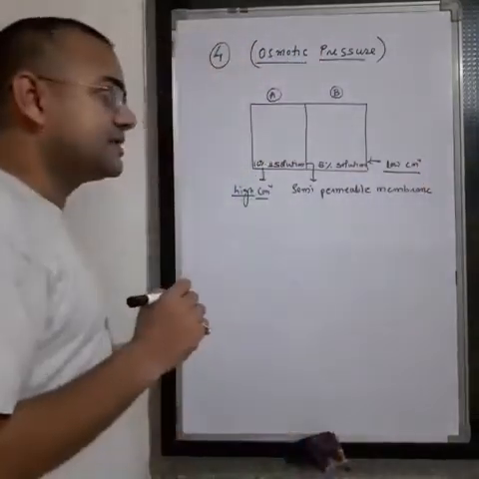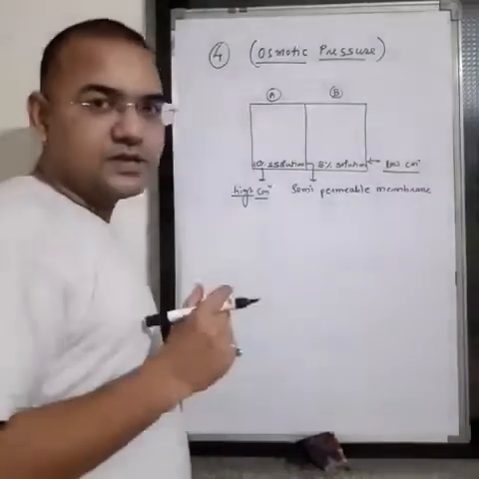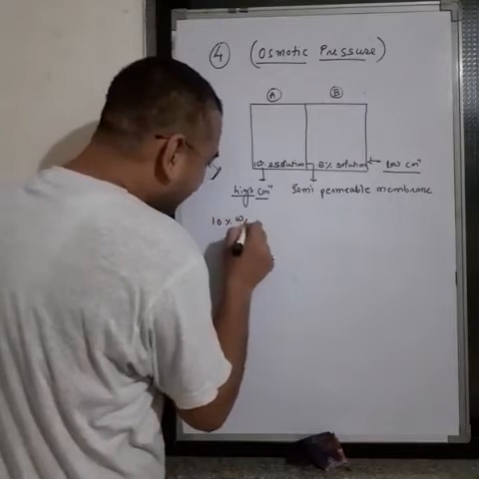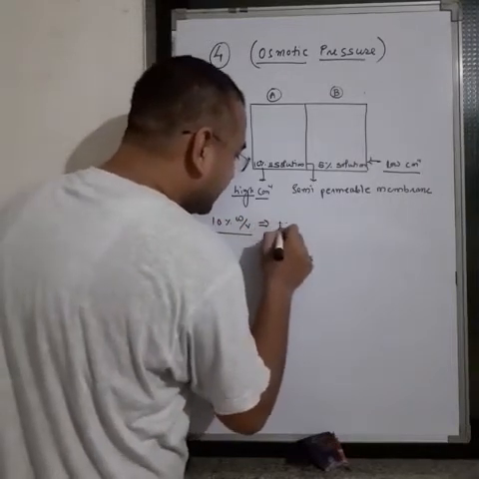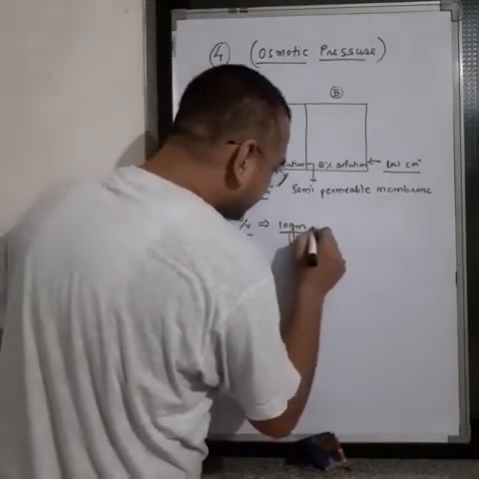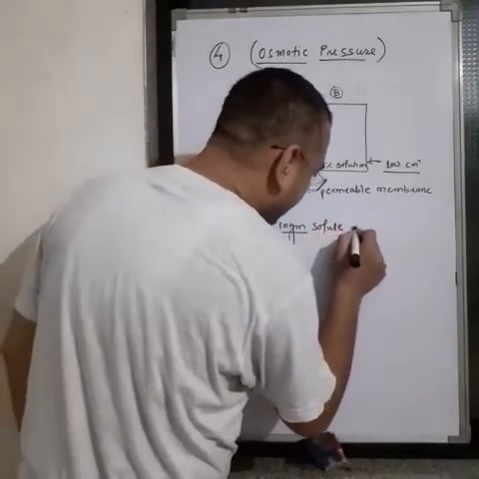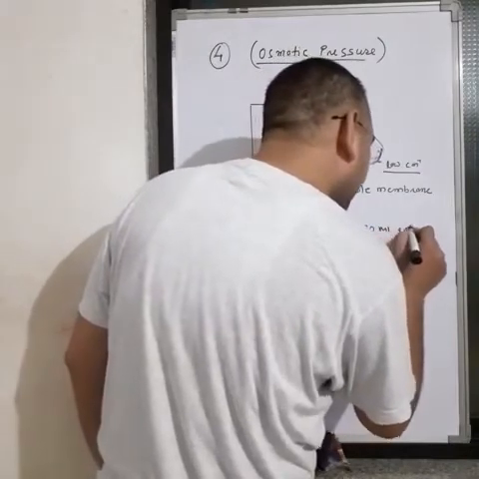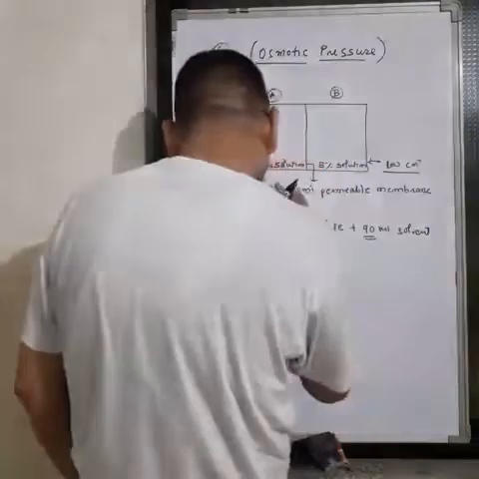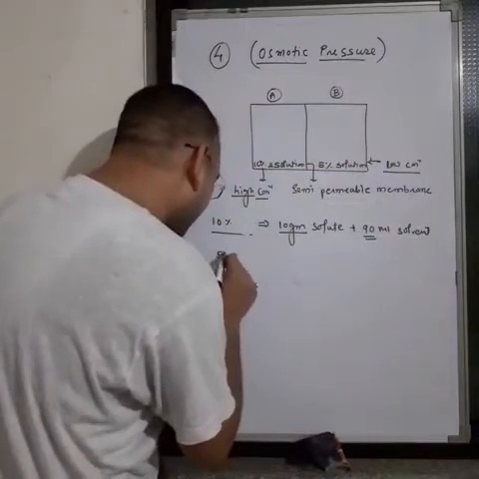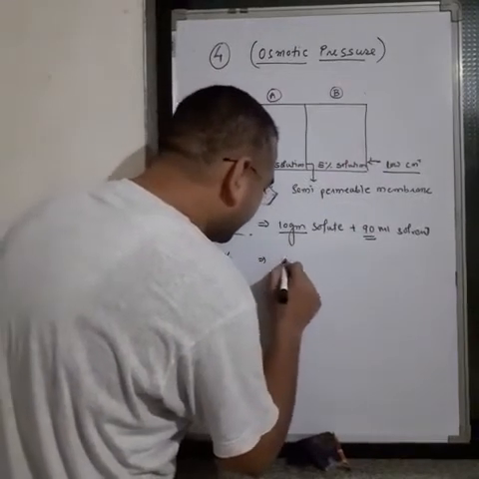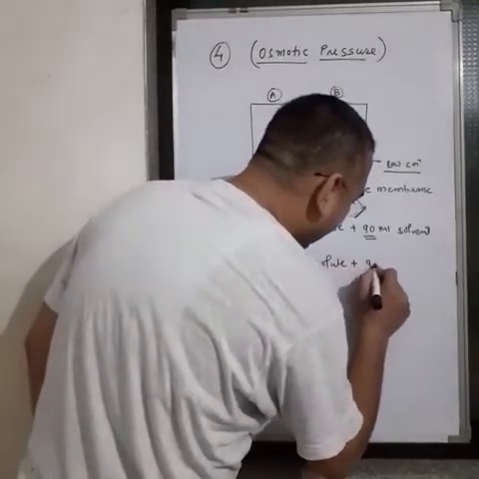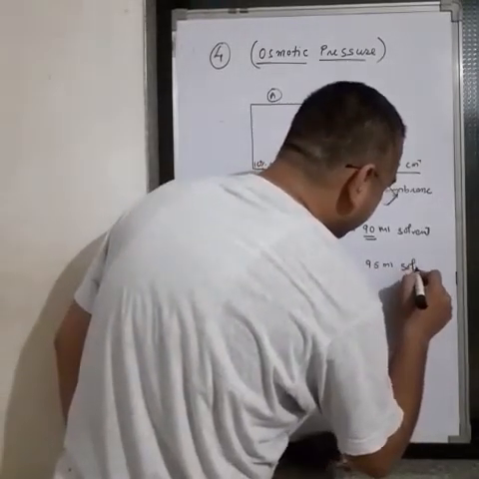Now we have to understand the terms high concentration and low concentration. 10% weight by volume means 10 gram solute plus 90 ml solvent. If we talk about 5%, then 5 gram of solute plus 95 ml of solvent.